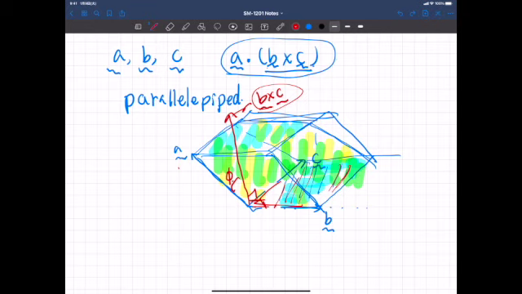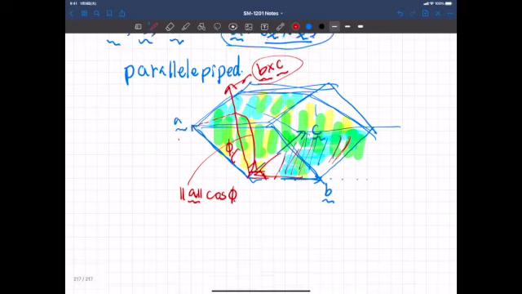So if you project this vector A onto B cross C, then this length is equal to the modulus of A times cosine phi.